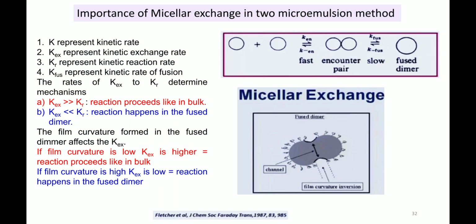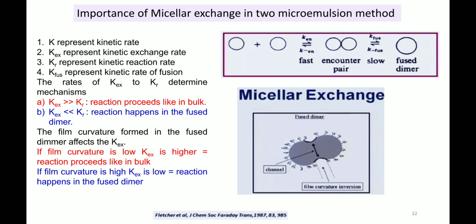In this model, first there is one circle plus another circle. This is micelle 1 with reactant A, and the second is micelle 2 with reactant B. We have added them together, so there is a plus sign, and then there is a reversible arrow. The K is the kinetic rate.